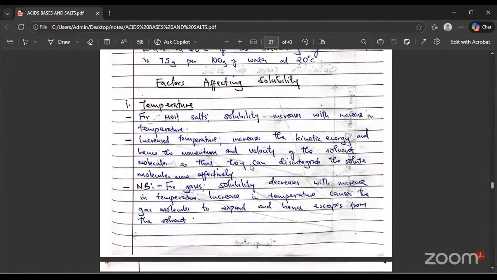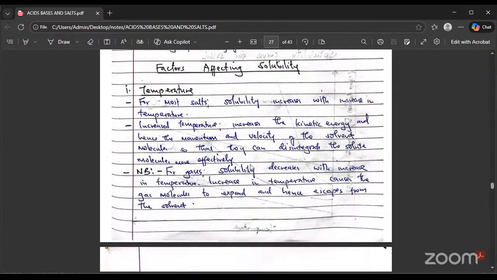If you increase the temperature, you are increasing the distance, and there was already distance, so it affects the solubility. That is why we say it decreases with increase in temperature. That one is for the gases.